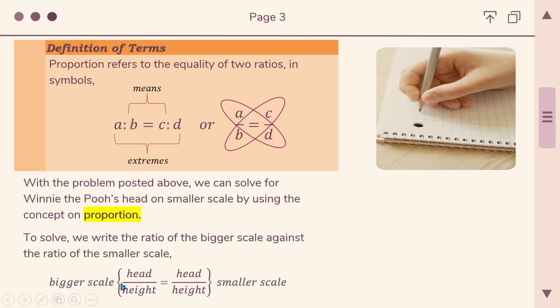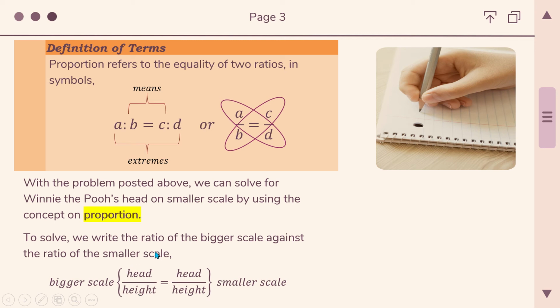So the involved variables there are the length of the body of Winnie the Pooh over the measurement of its head. So the bigger scale is the head over the height. It can also be height over the head. That is reversible. Then it is equated to the smaller scale of its head over height.